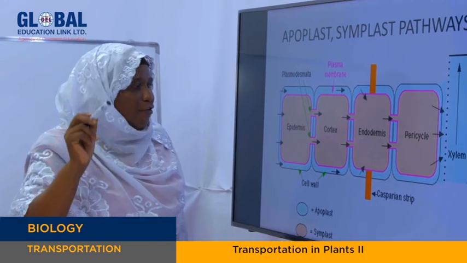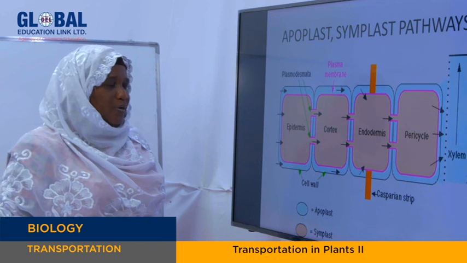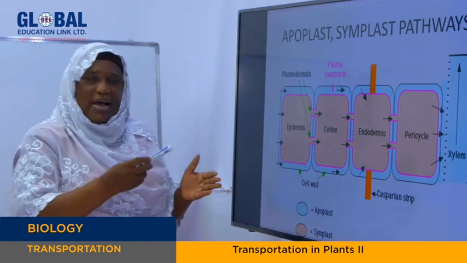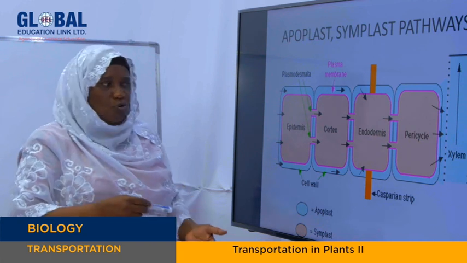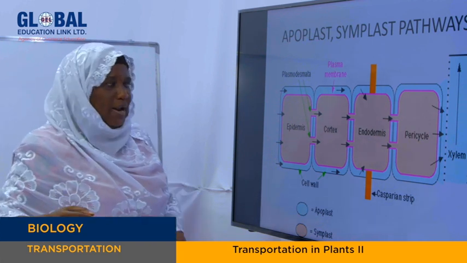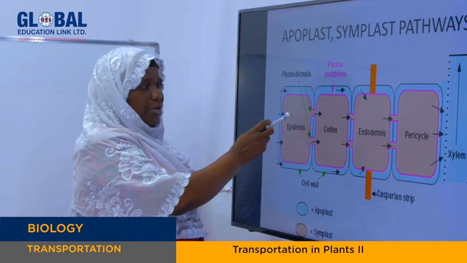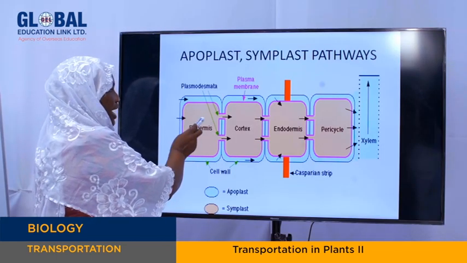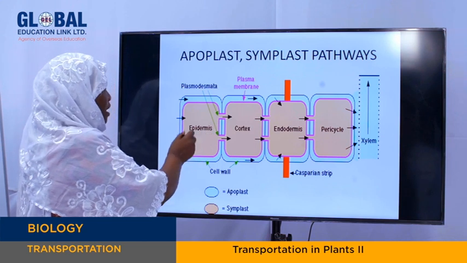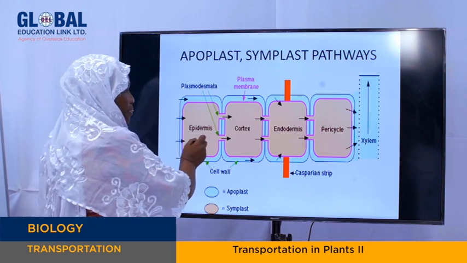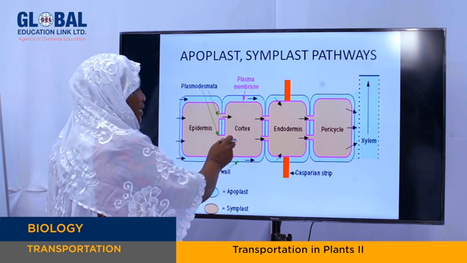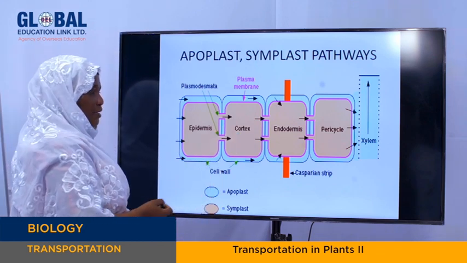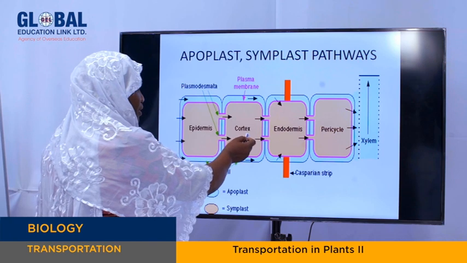But apart from that, water also can move from one cytoplasm to another cytoplasm. For example, here, these arrows. Water moves from here and it enters the cytoplasm of another cell, that is the cortex.